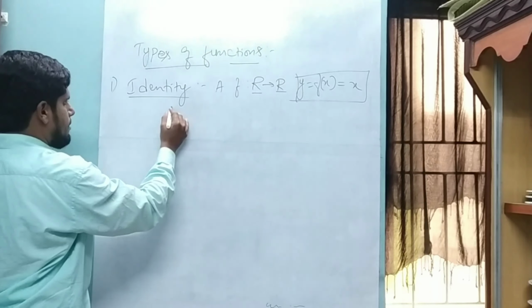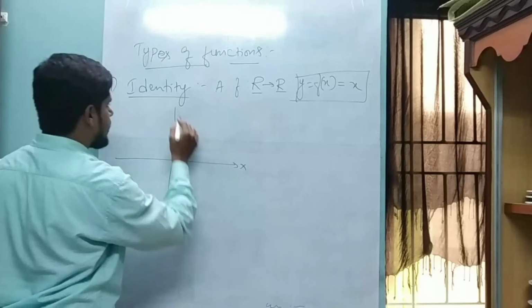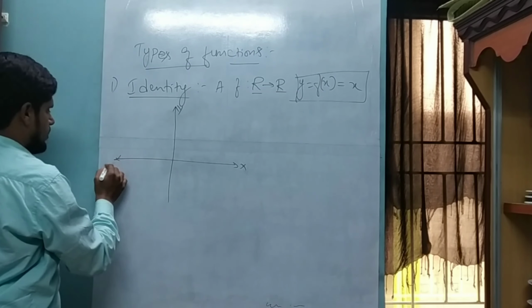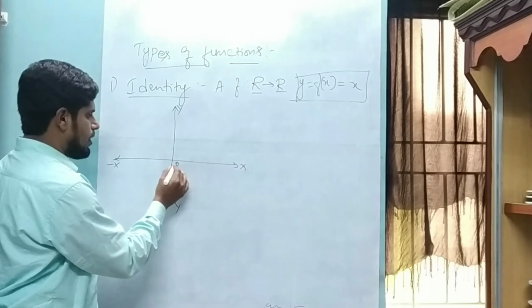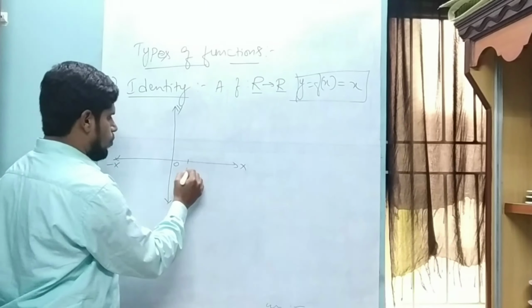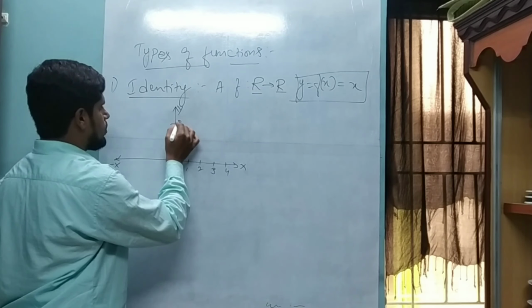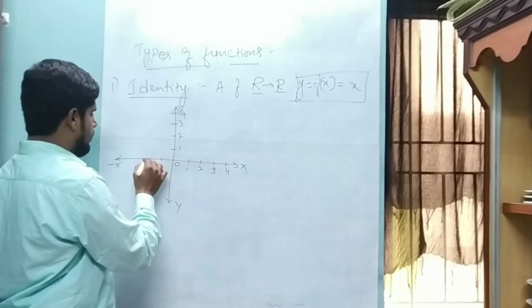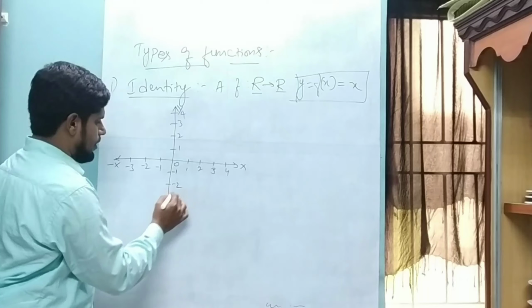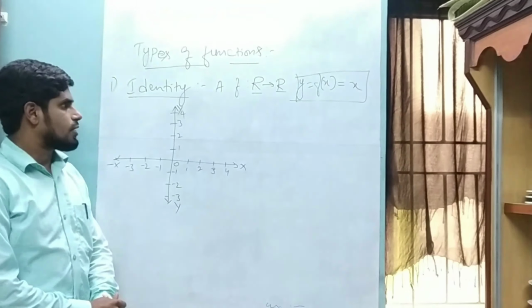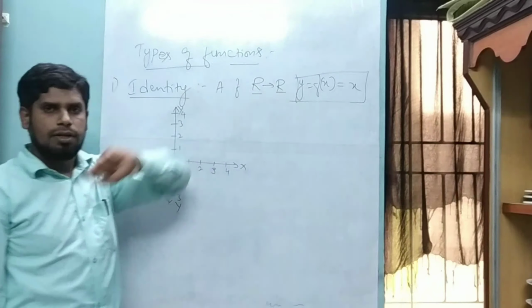The graph of this will be: this is my x-axis, this is my y-axis, this is my negative x, and this is my positive y, and this is the origin 0. 1 2 3 4, 1 2 3 4, negative 1 negative 2 negative 3, negative 1 negative 2 negative 3. Okay, let us start giving values to this x. This x is independent here and y is dependent.